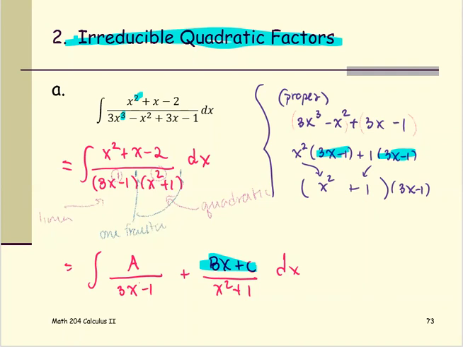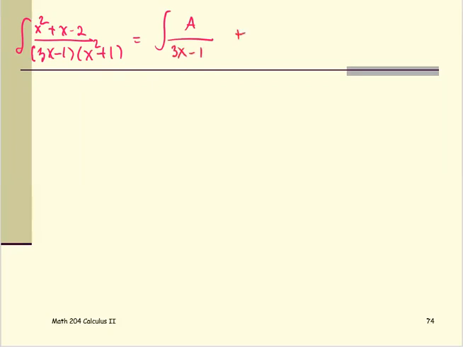So I go to another slide. Right now, what we have is the integral of x squared plus x minus 2 divided by the denominator 3x minus 1 times x squared plus 1, decomposed into something on top of 3x minus 1, plus the linear term divided by the quadratic term of the denominator.